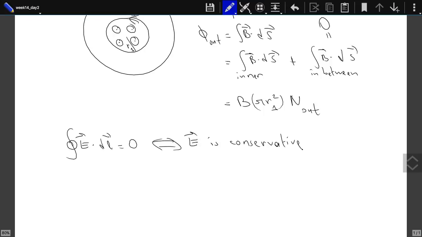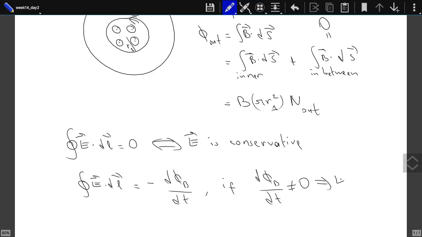Now the problem is we know Faraday's law, which says that the loop integral of E dot dl is equal to minus d phi b by dt. So if d phi b by dt is non-zero, then E is non-conservative.